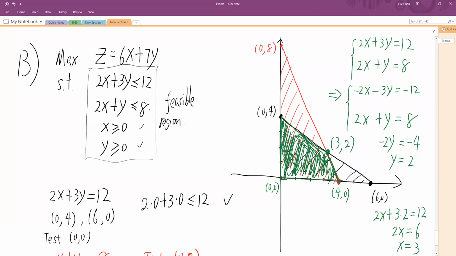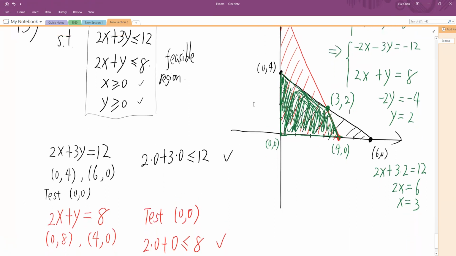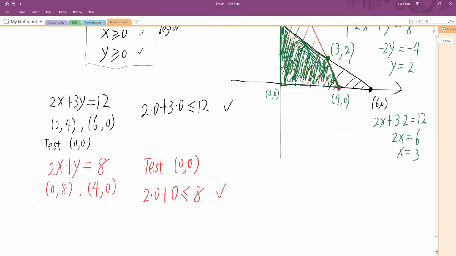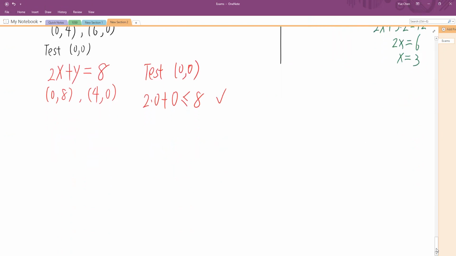Okay. Now you have all the corner points. The next thing is you just need to plug them in, right? Plug into the objective function. Let's use a table.